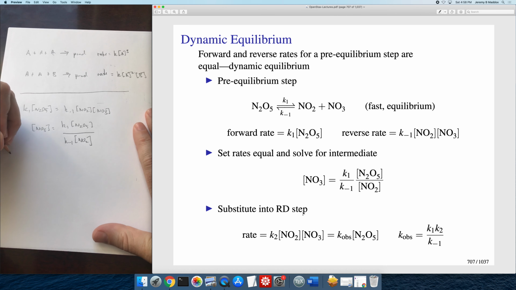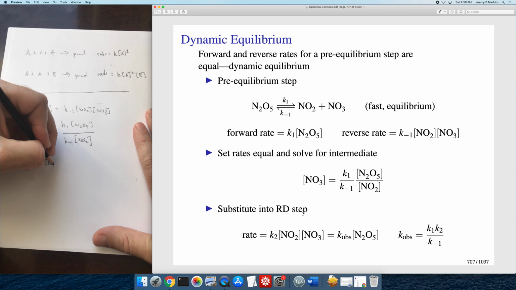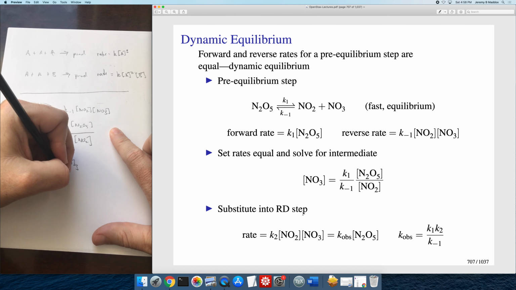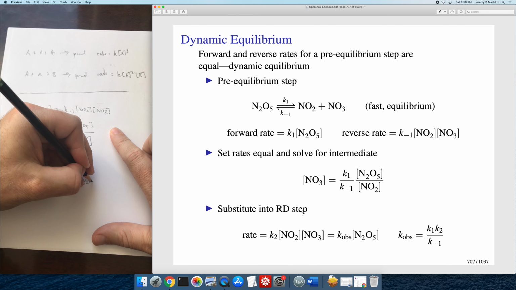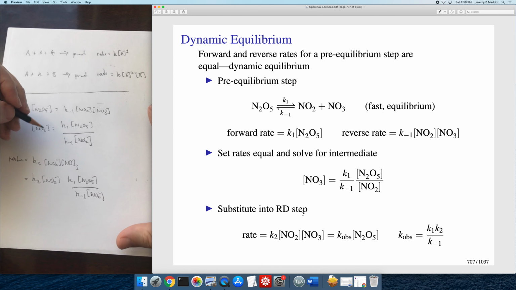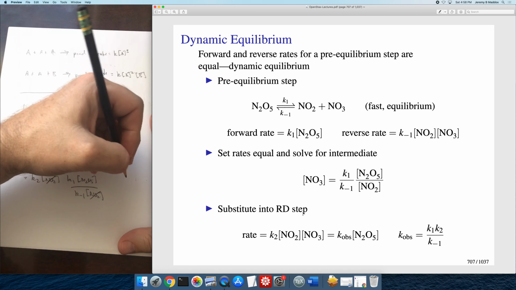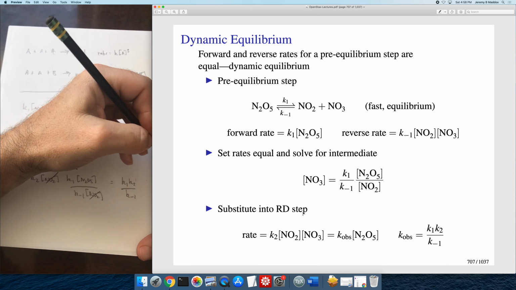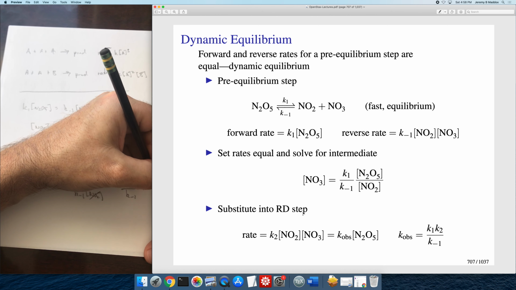So we'll have rate equals K2 NO2 NO3. We'll substitute in our pre-equilibrium expression for the NO3 intermediate. What happens? The NO2 cancels, and we wind up with K1 K2 over K minus 1 times N2O5.